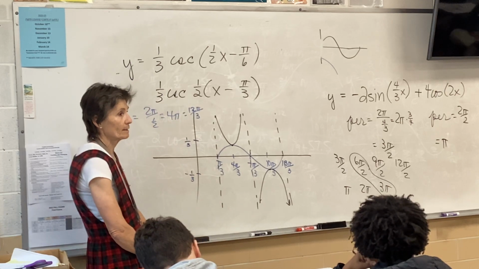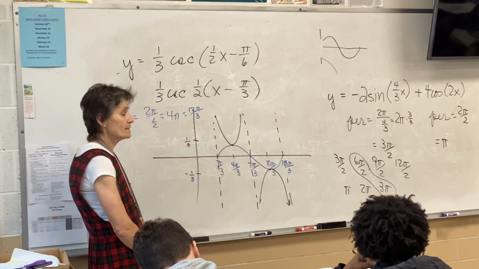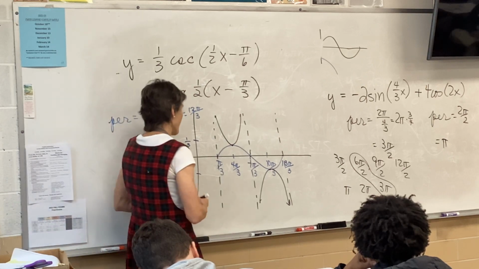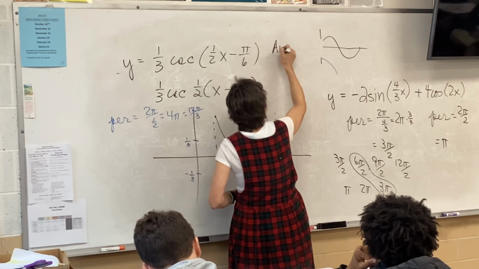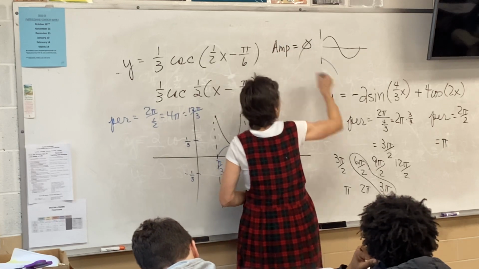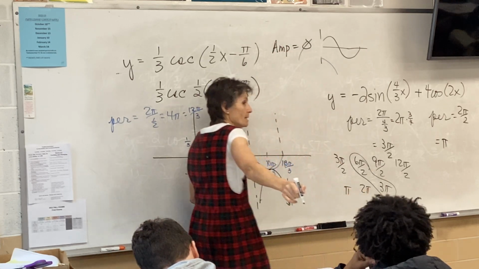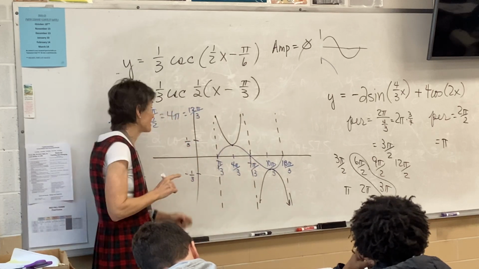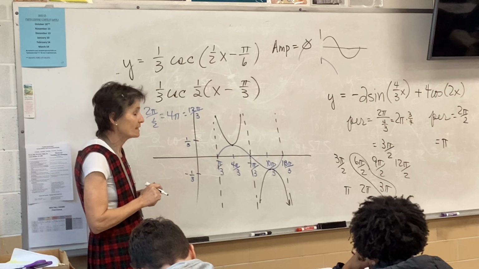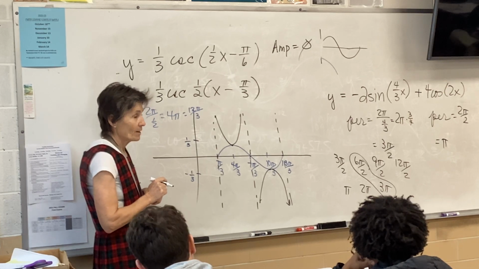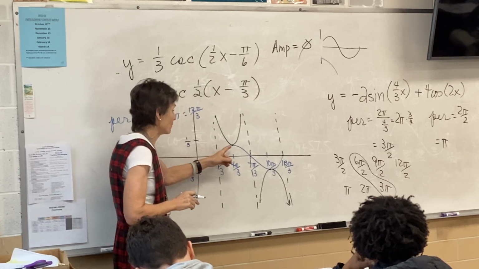There is my cosecant. What is the amplitude of that picture? No amplitude. Does the sine, the blue one, have amplitude? Yes. Cosecant does not. Now, I'm not saying the 1/3 isn't important.